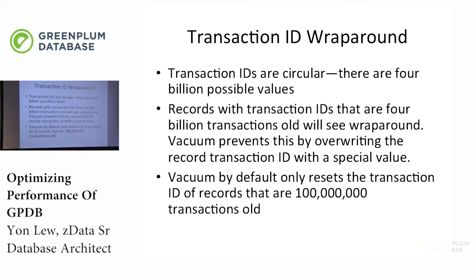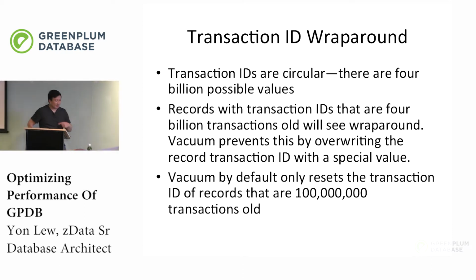That's in contrast to something like Oracle, right? In Oracle, you have SCN base and SCN wrap, where they have two counters, and then one counter gets incremented, and so you have a tremendous number of possible transaction ID values. But in Postgres and Greenplum, you're limited to 4 billion. So every 4 billion transactions, you're going to see wraparound.